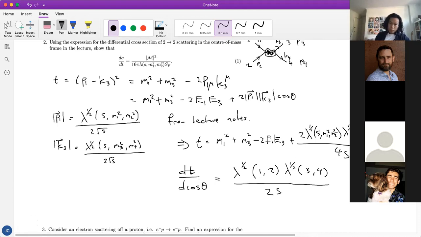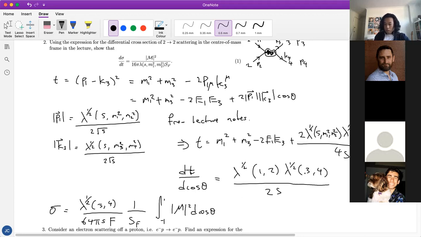We're going to pull out the cross-section expression from the lecture so we don't have to derive it ourselves. From the lecture, if you go through all the phase space integrals, you get the cross-section sigma is equal to the Callan function for 3, 4 divided by 64 pi SF, 1 over the symmetry factor, and then your solid angle integral over the amplitude.